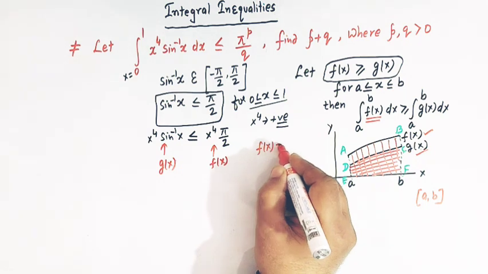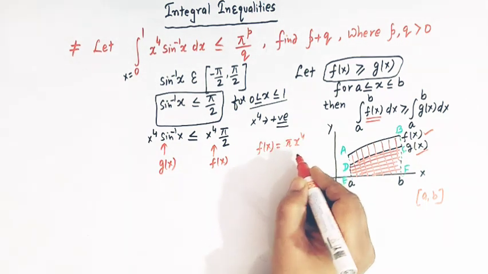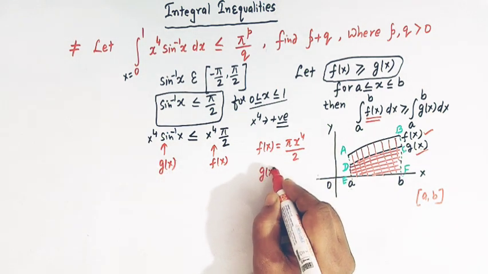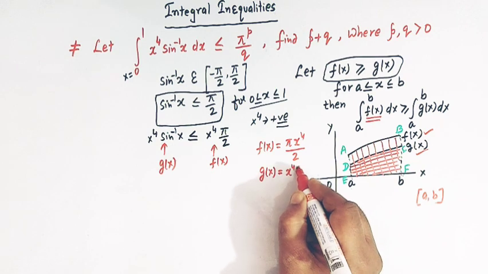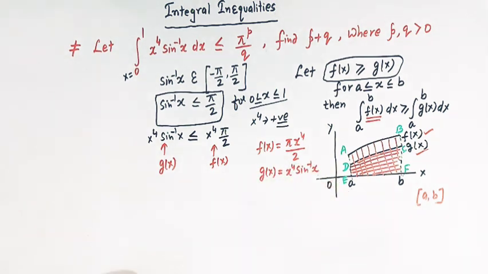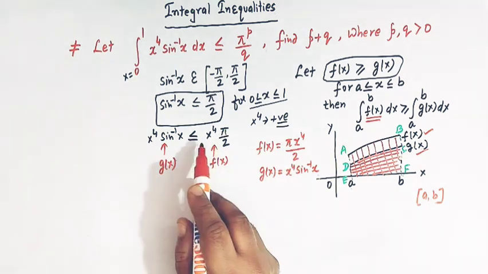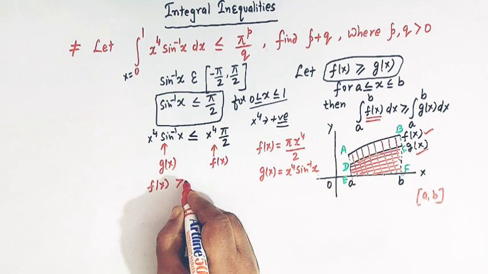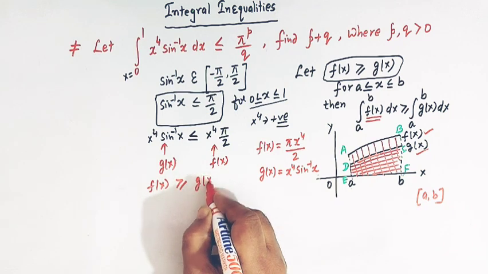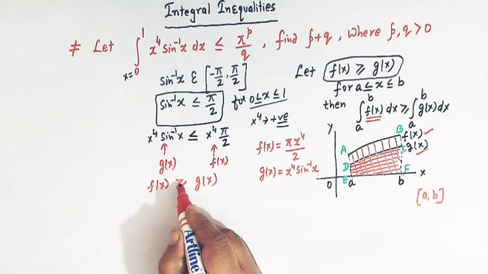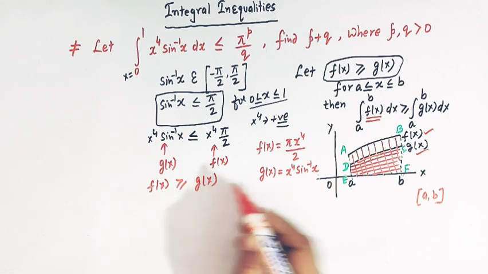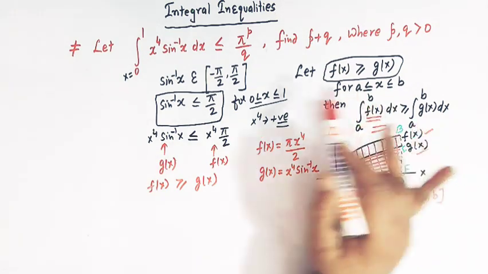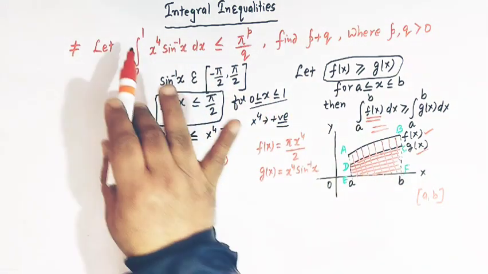So f of x is our pi x raised to 4 divided by 2, and g of x is our function x raised to 4 sine inverse x. So f of x is greater than or equal to g of x, and we can now apply this inequality, where a is 0 and b is 1.